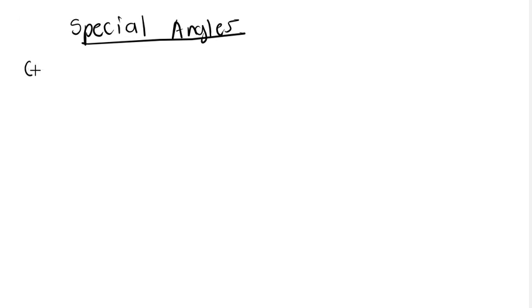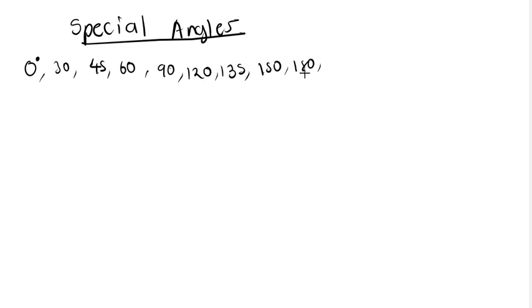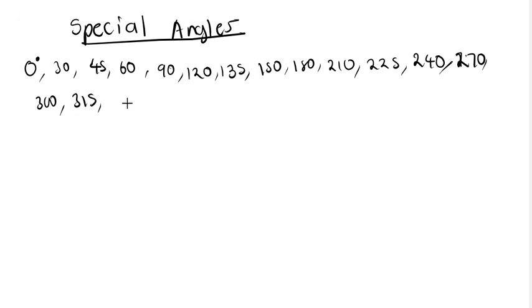The special angles that we are supposed to know in mathematics, let's use the degrees: 0, 30, 45, 60, 90, 120, 135, 150, 180, 210, 225, 240, 270, 300, 315, 330, and also 360.